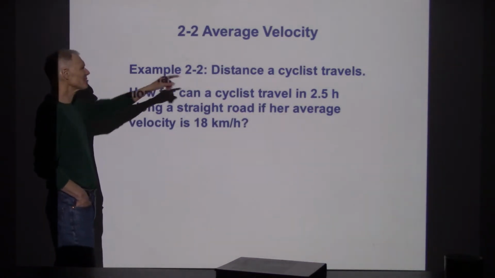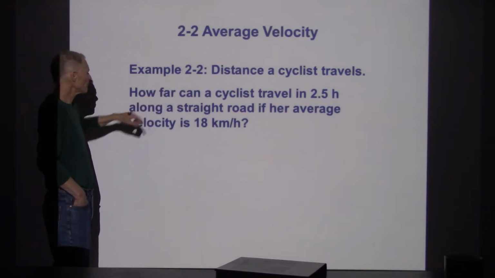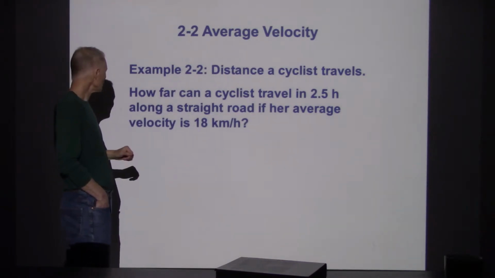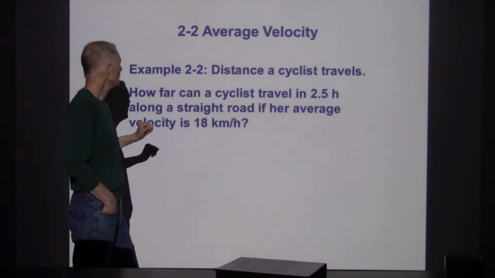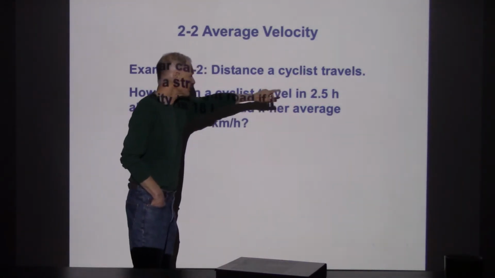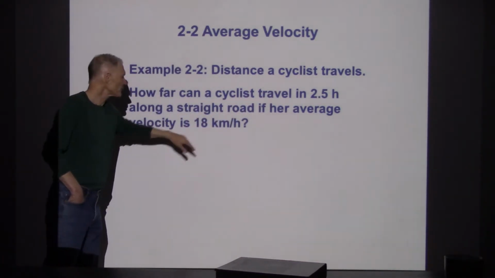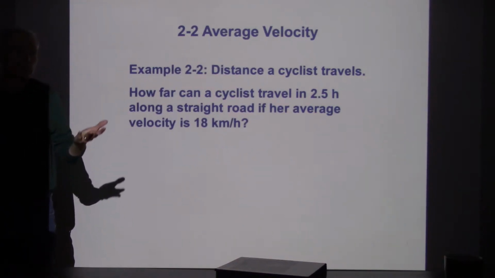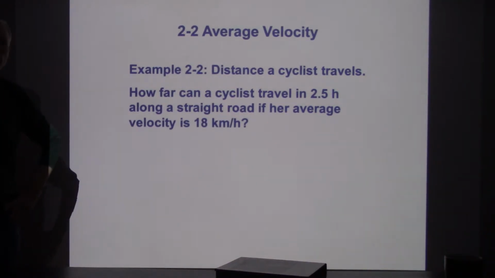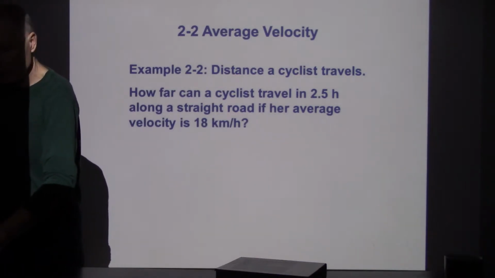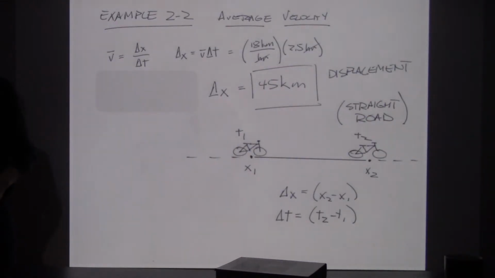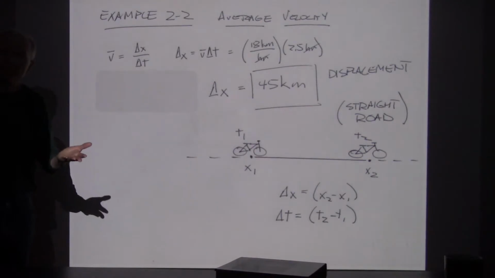So let's take a look at the distance that a cyclist travels. It says, how far can a cyclist travel in 2.5 hours if her average velocity is 18 kilometers per hour? Okay, so now the distance should be given by the velocity times the time traveled, and in this case it's one-dimensional.